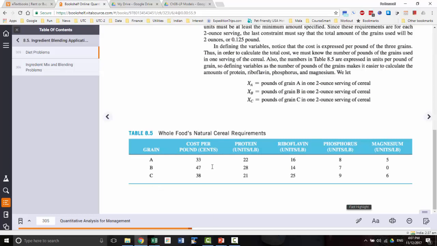The final end product is evaluated based on four requirements, and those are protein, riboflavin, phosphorus, and magnesium. And the amount of units of each of those four outcome measures in each of these grains is given in this table.